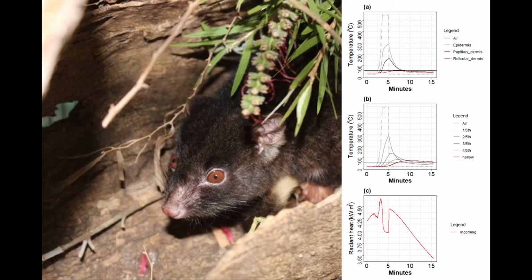And so if we look at where the temperatures rise in, say, graph A and B, we can see that there is a big pulse of convective heat right at the point where radiant heat drops down lowest. And this is also where the body temperatures and the hollow temperature rise fastest for the animals.